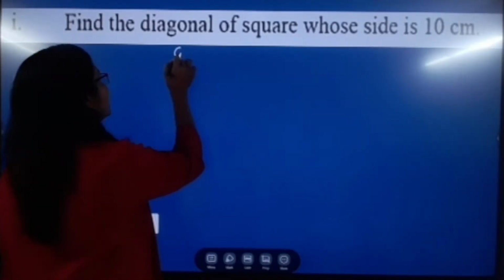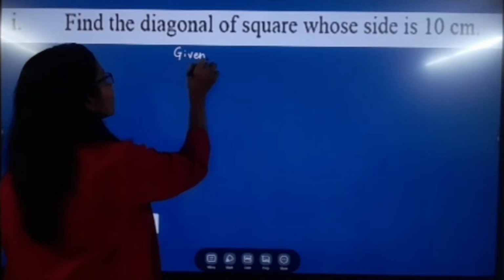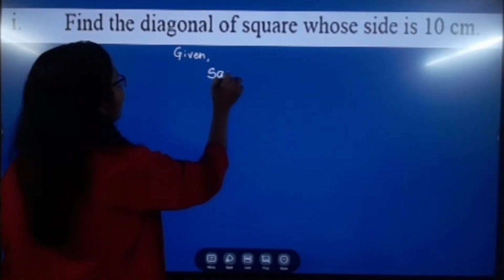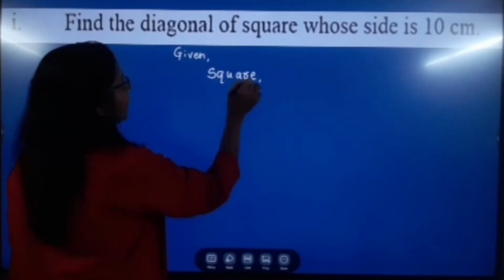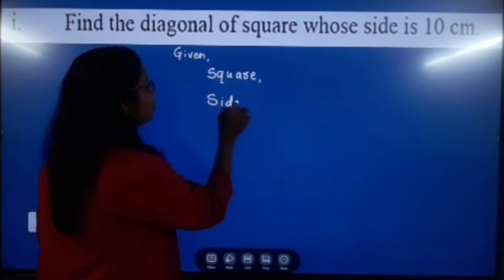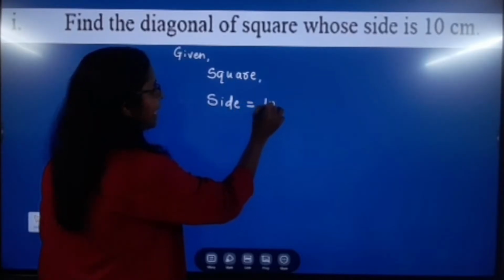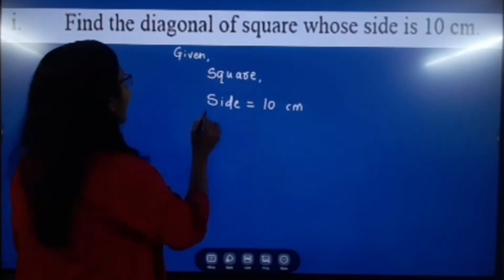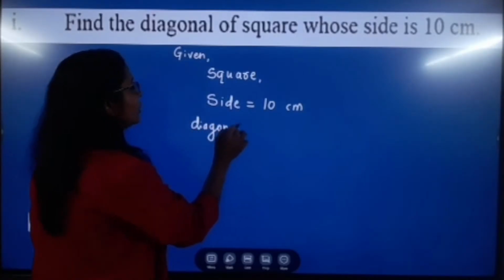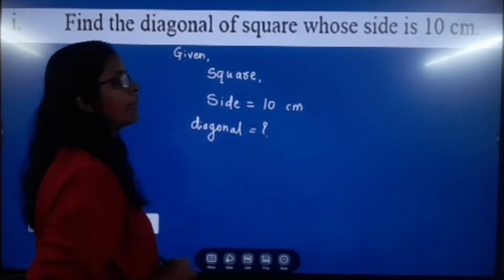The given figure is a square and the side is equal to 10 centimeter, and we have to calculate the diagonal. Diagonal is equal to question mark, student.